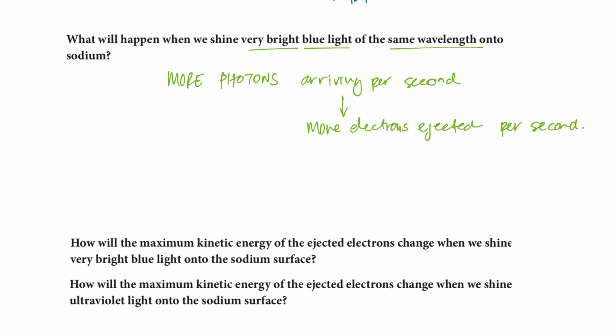And it's not because it's very bright. Remember, we're still using 410 nanometers. It's because we're using a blue light, and I just said it has high frequency. So it has nothing to do with whether it's bright or not bright or whatever the case is.